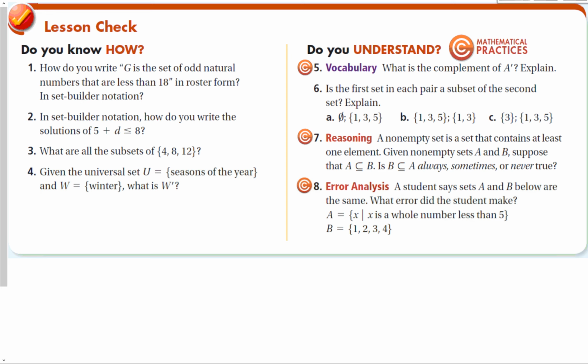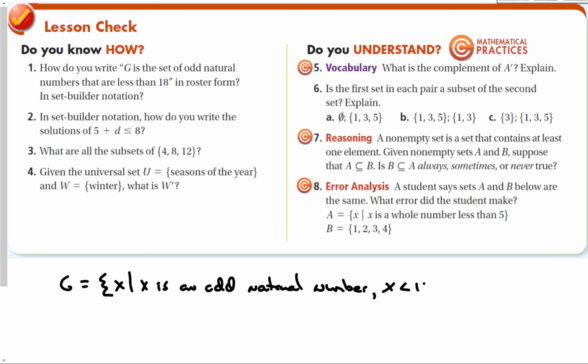And then in set builder notation, G is equal to, put a brace, X such that, describe what's happening. X is an odd natural number, comma, what else is happening to it? That X is less than 18.